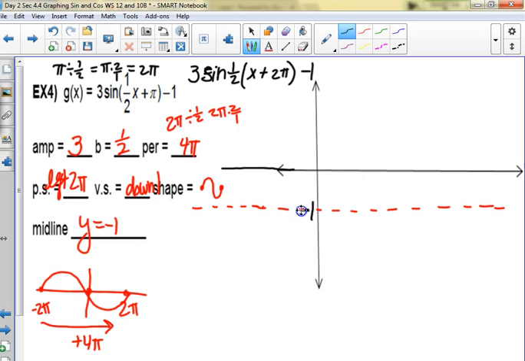If this line is -1, 3 above that would be what, guys? +2. And 3 below that would be, anybody? -4. The amplitude is 3.